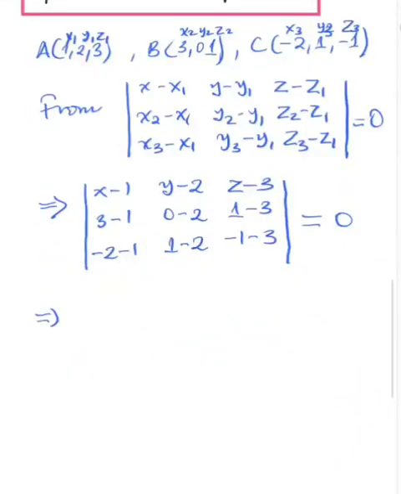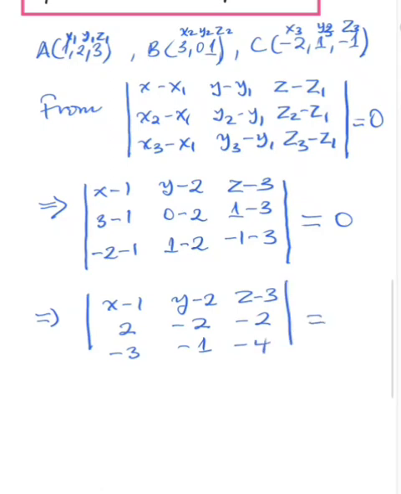Then we proceed to simplify: x minus 1, y minus 2, z minus 3; 2, negative 2, negative 2; negative 3, negative 1, negative 4 equals 0.